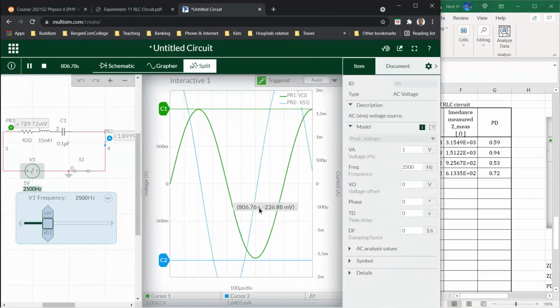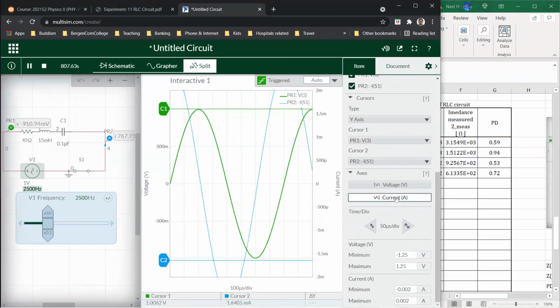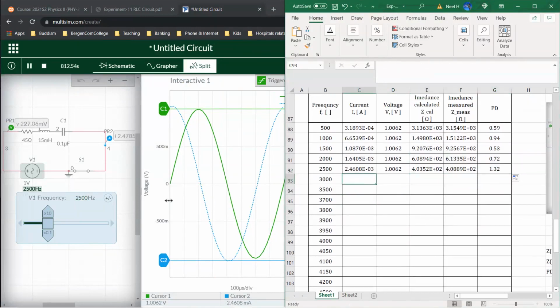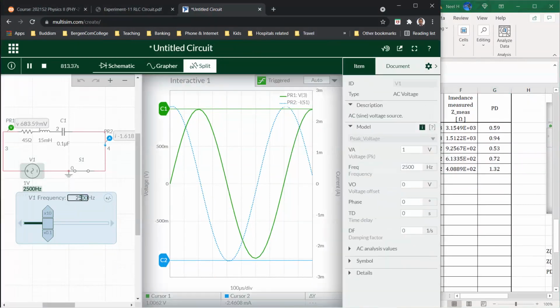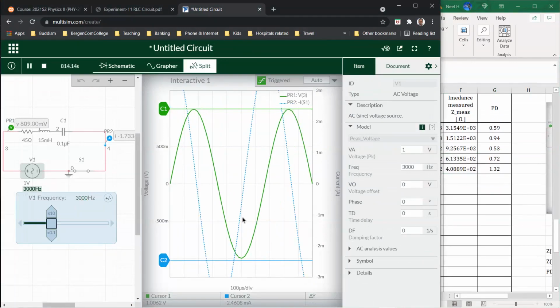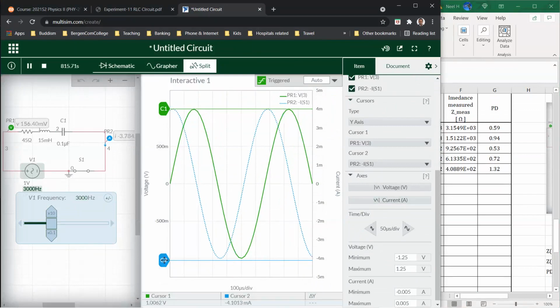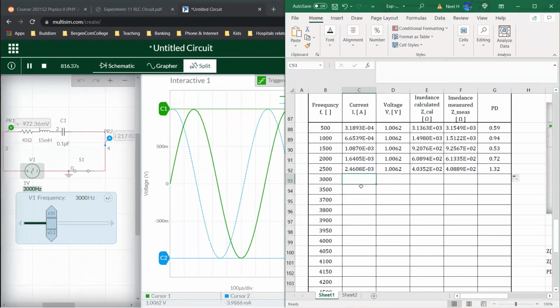Any question? 0.002468 is the current, voltage remaining the same, and these three we can click and drag. Let's do 3000 hertz. And the current is 0.003986.